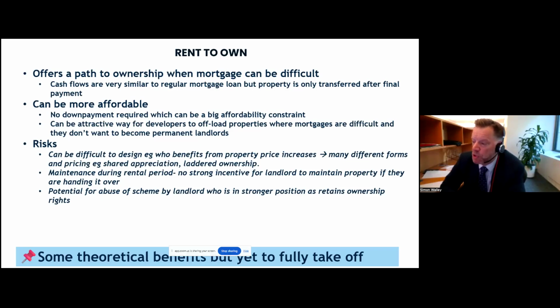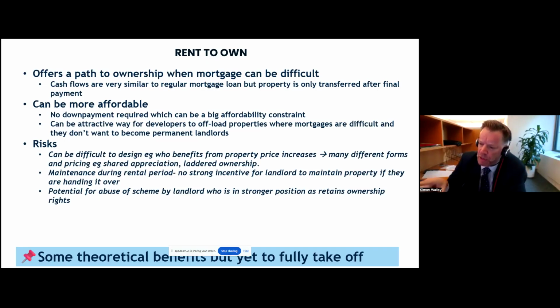So you need particularly a strong property manager. There's difficulties in how you price rent to own, particularly in environments where you have inflation and rising property prices. Who benefits from the rising property prices? The owner of the property, or the renter, or do you split it? And then how do you calculate that?